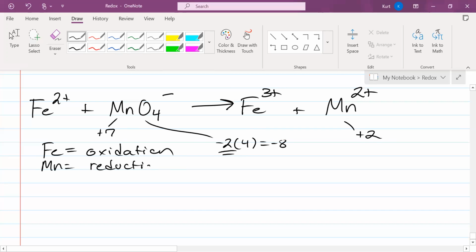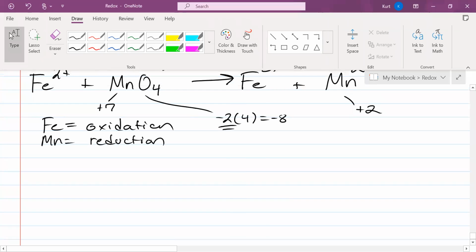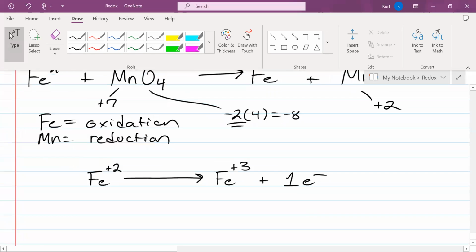So we have that figured out. Let's go ahead and work this out. Iron lost 1 electron, so it's going to be Fe2+ becoming Fe3+, or iron 3, plus 1 electron. Remember, this is unbalanced. I'll balance it momentarily.